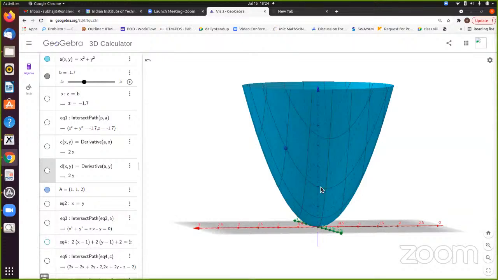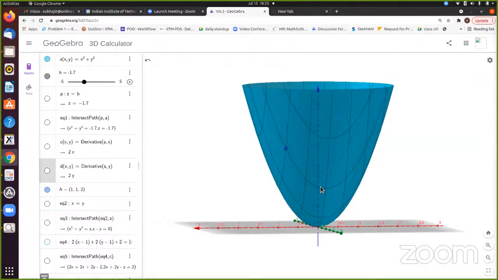Yes. So there are infinitely many tangent lines, but the common property is all those tangent lines will lie on a plane, correct? All those will lie on a plane, and that plane is called the tangent plane, correct?